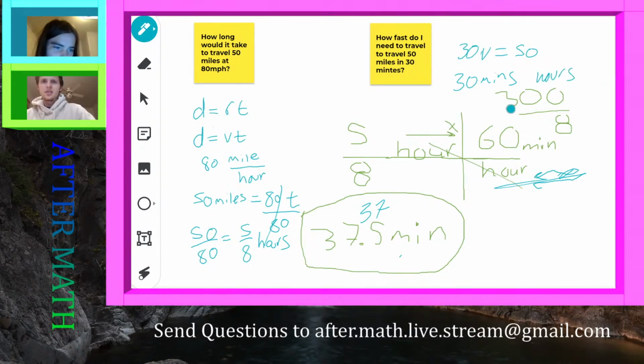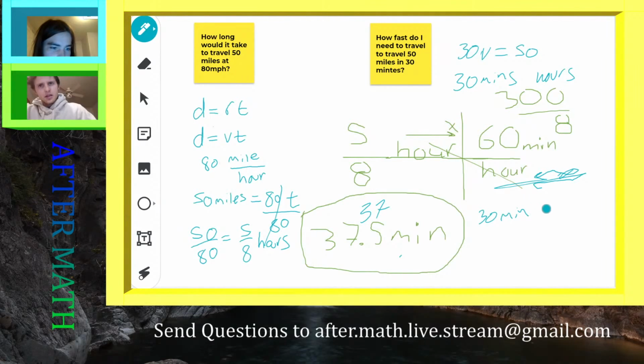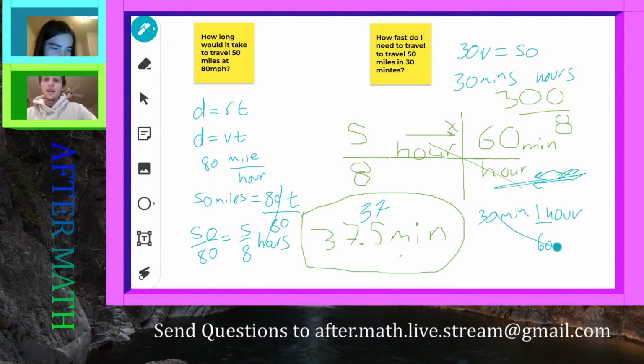If we do the same thing you did before, 30 minutes, and then we have 60 minutes in 1 hour, we cancel those out. So we get 1/2 v equals 50.